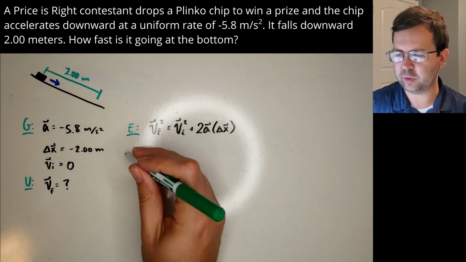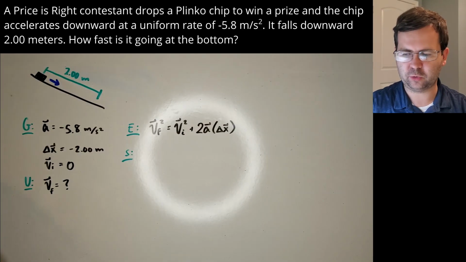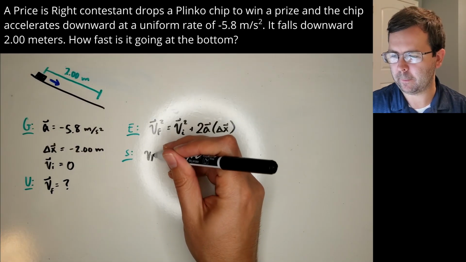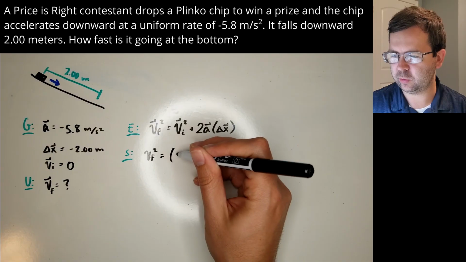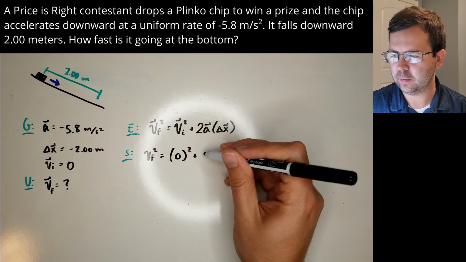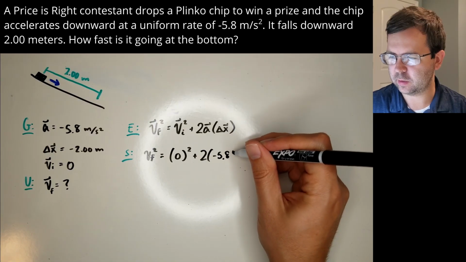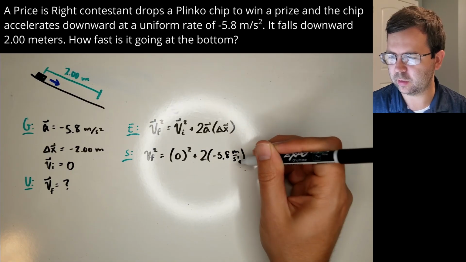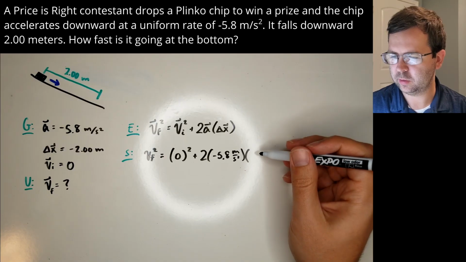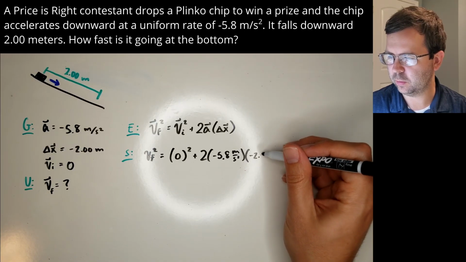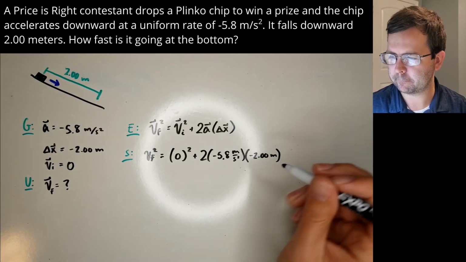So let's just substitute in some numbers and solve our problem. The initial velocity we said was 0. The acceleration is -5.8 meters per second squared, and the displacement is -2 meters.